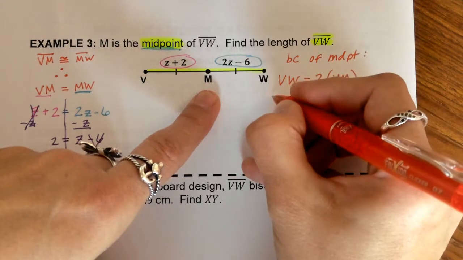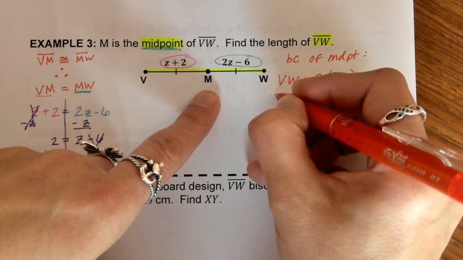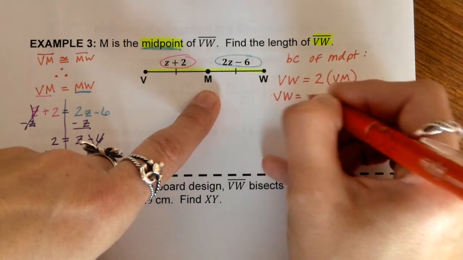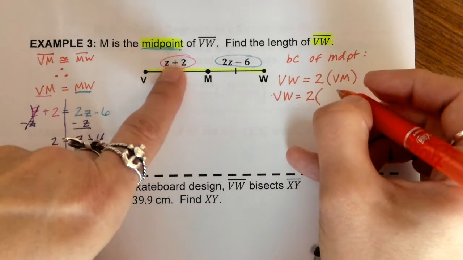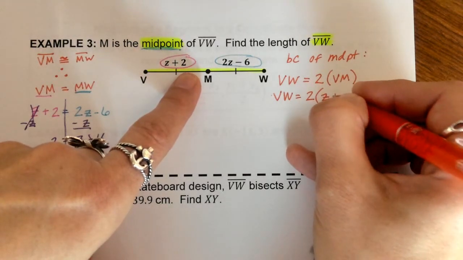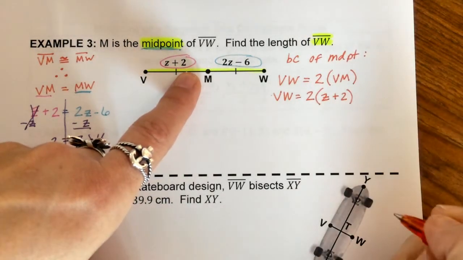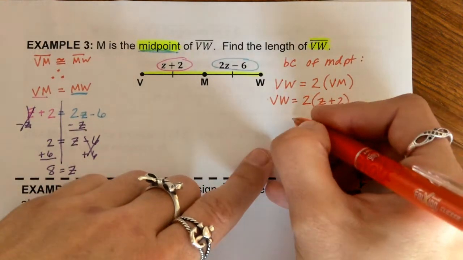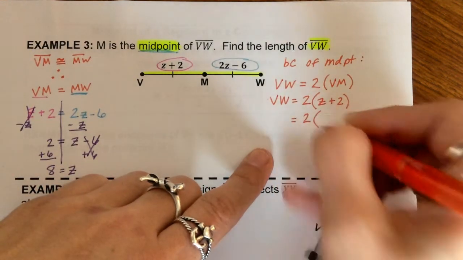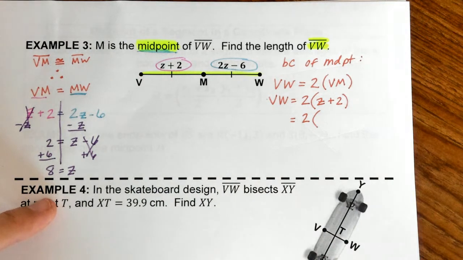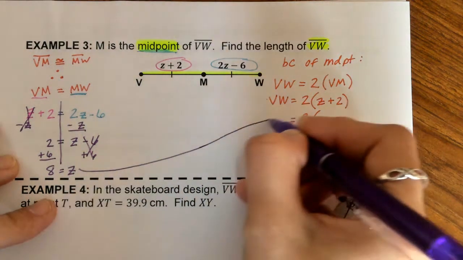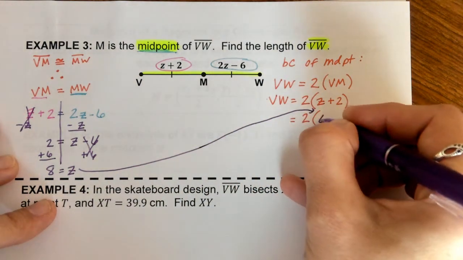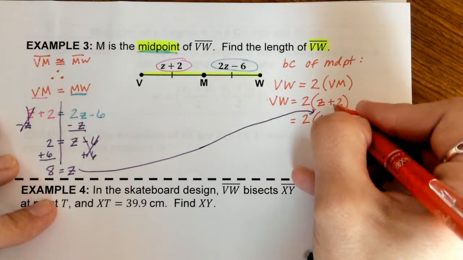So when we do our substitution here, we're going to have VW is equal to 2 times Z plus 2. I'm going to write in my algebraic expression here. Now I'm going to substitute in. 2 times, well, over here I found out that Z was 8, so I'm going to substitute in 8 plus that 2.